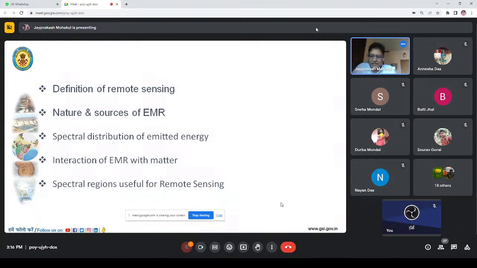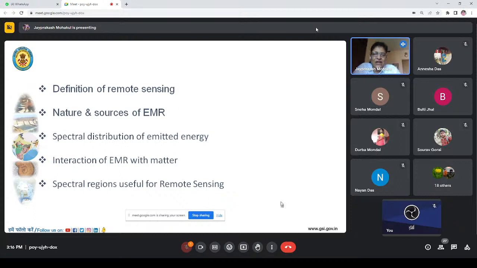Now, these are the things which we will be covering: the definition of remote sensing, nature and source of electromagnetic radiation, that is what the light is, spectral distribution of emitted energy, interaction of electromagnetic radiation with matter, spectral regions useful for remote sensing. Not all regions are useful. There are different regions of different wavelength range.